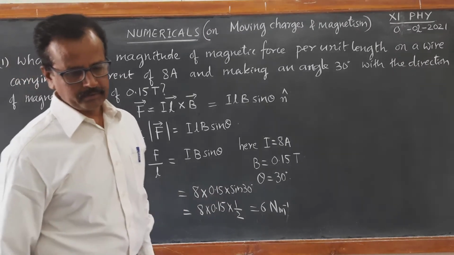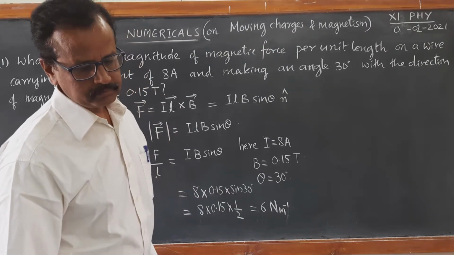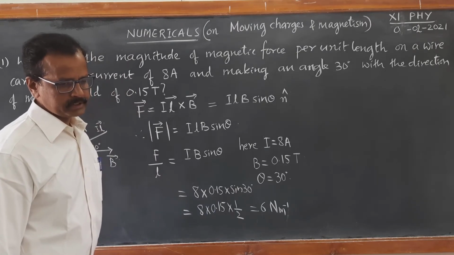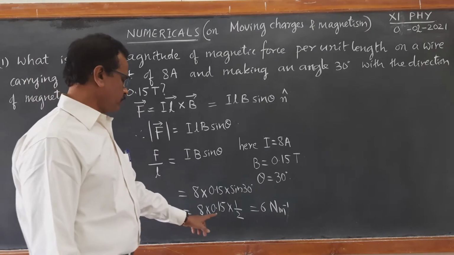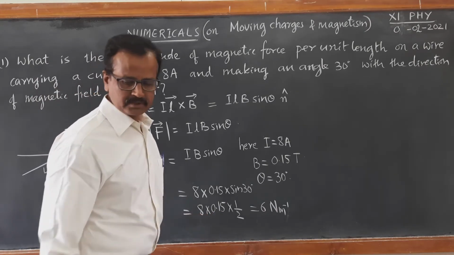So this is how we get the result. Is not 6. 4 into 0.15 becomes 0.6.